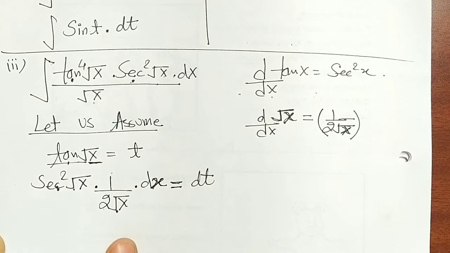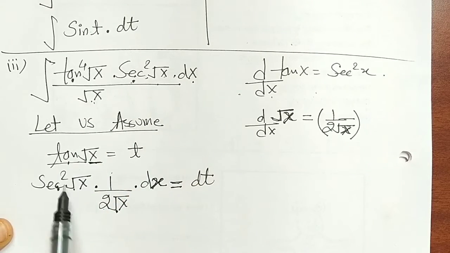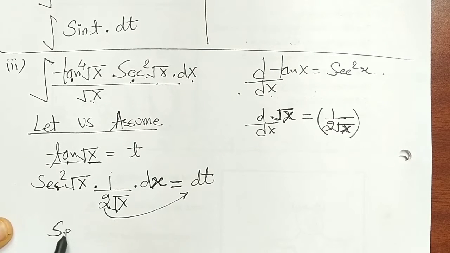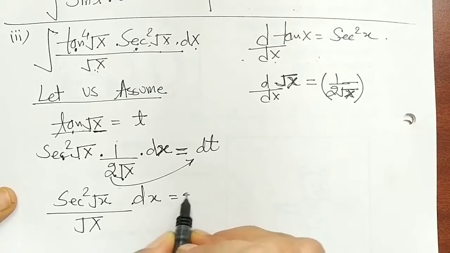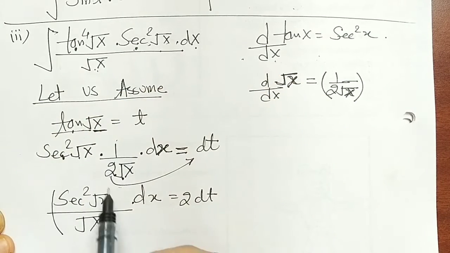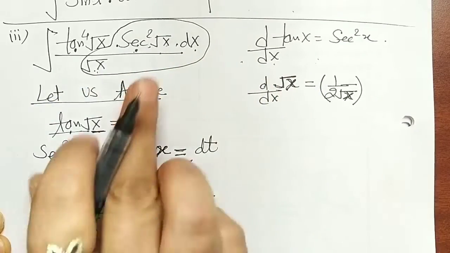Okay, now you see this and this are there, this and this, only 2 is not there, so let me send to other side. So can I write sec square root x by root x dx is equal to 2 dt? Yes or no? Right? So this whole thing is present there in the question.